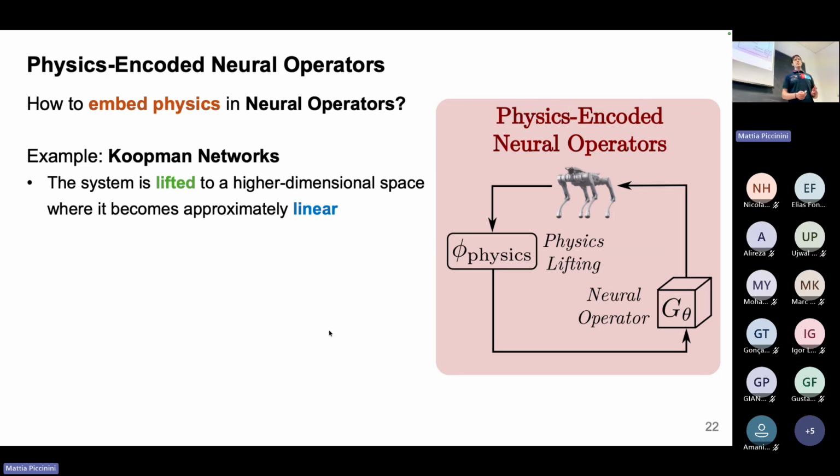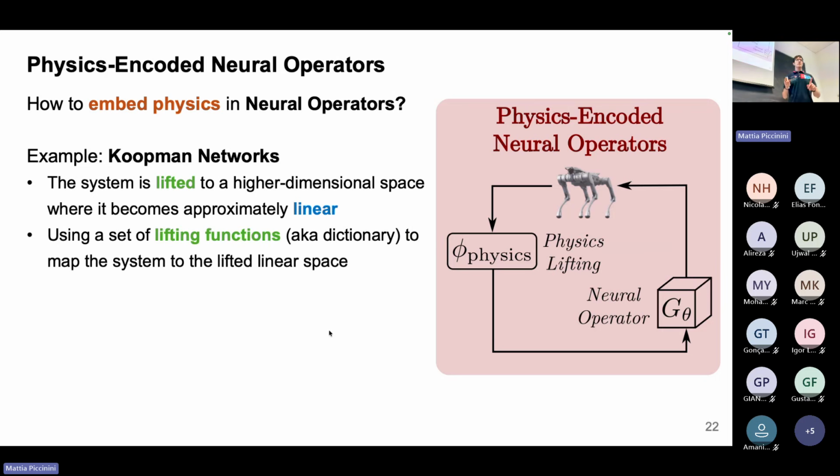Now the problem is finding the functions that map your initial domain in which the function is nonlinear, which can be R^n, with n your dimension, to another space in which the function becomes linear. You need to use some lifting functions, also called a dictionary, to do the linear mapping.